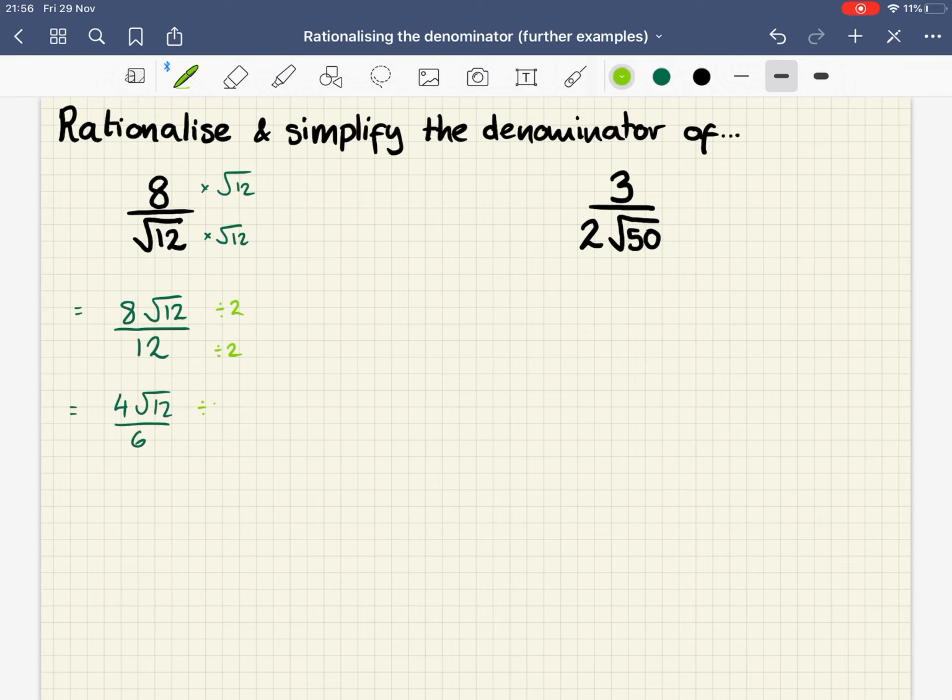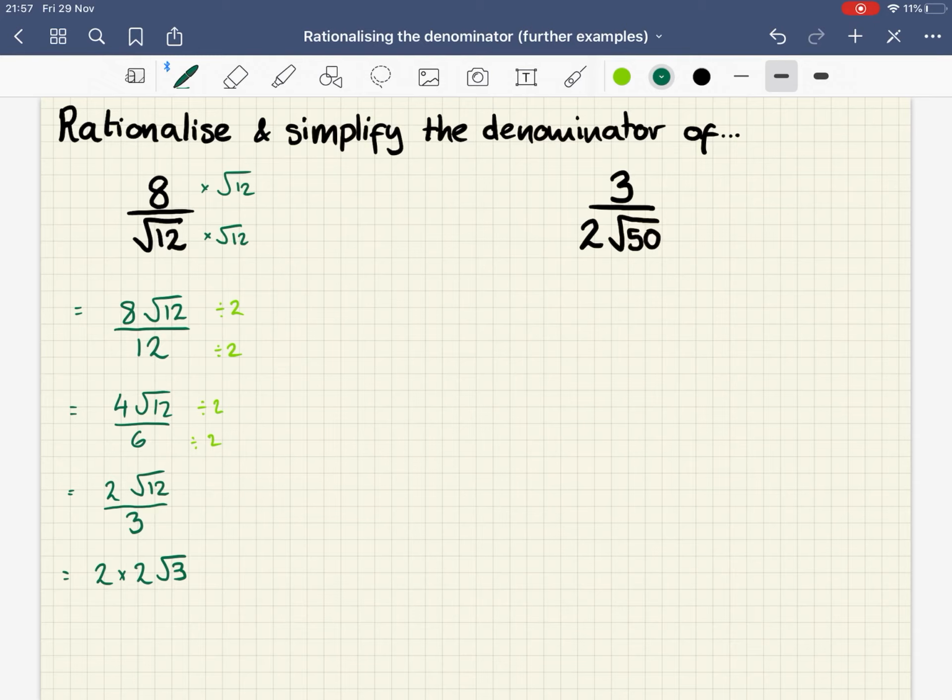And I've got my even numbers again so I can divide by 2. Obviously, I could have divided by 4 at that first point. However, I just want to show it's totally fine to do these in little steps. Some people get so worried about doing it in one big step that they don't make it easy on themselves. If they're even, divide by 2 if you're ever unsure. So that root 12, from all the simplification, I know it is going to be 2 root 3.